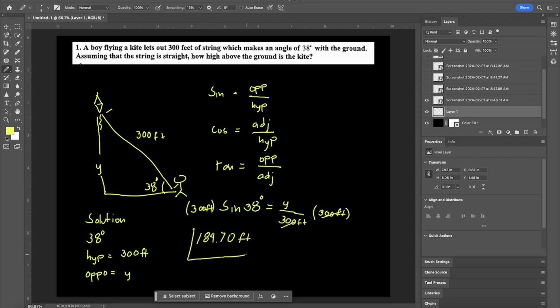I'm just going to box that, and we can now write our statement as: the kite is about 184.70 feet from the ground.